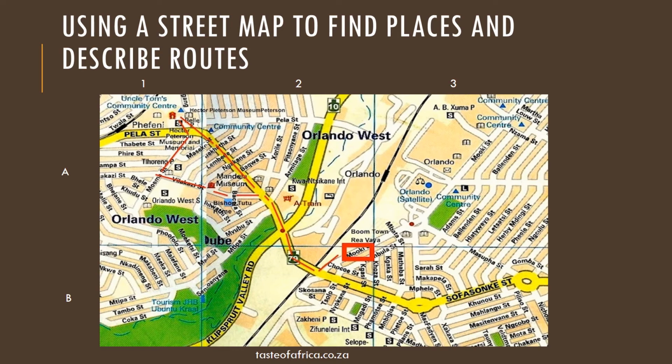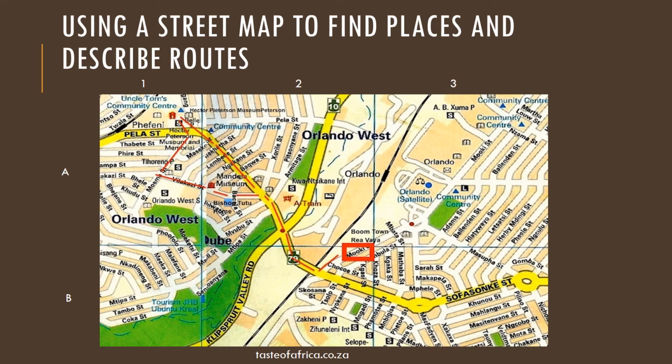We have Skosana Street, Tulu Street, Nyokana Street, Mkati Street. We have 3 schools. The first school is Zakeni Primary. Another school is called Zifune Leni School, and another one is called Silope Street.